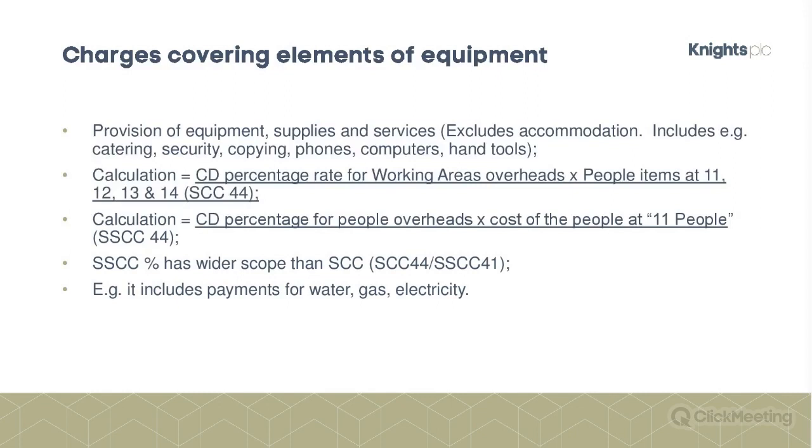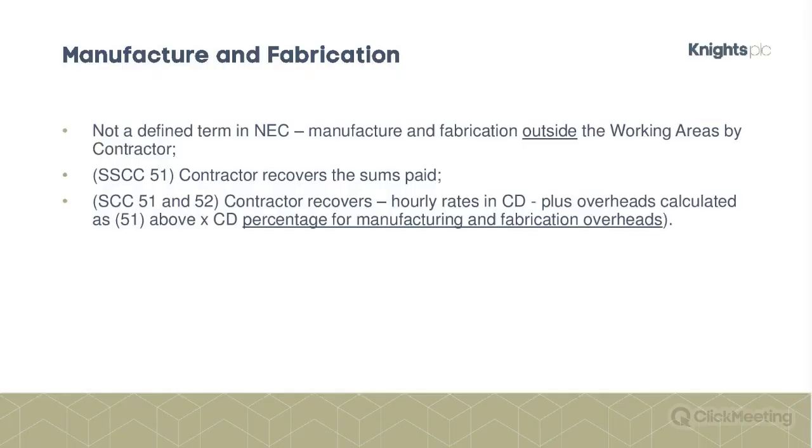I'm not going to go into too much detail because it's been pulled out for NEC 4, except just to remind you to make sure that you include those percentages in your contract data part 2. As I've said already, it's based on that percentage in the contract data part 2 times the cost of the people for that particular item.